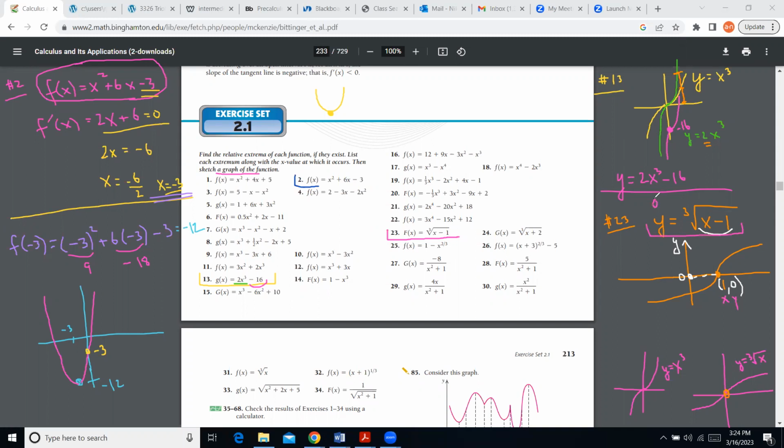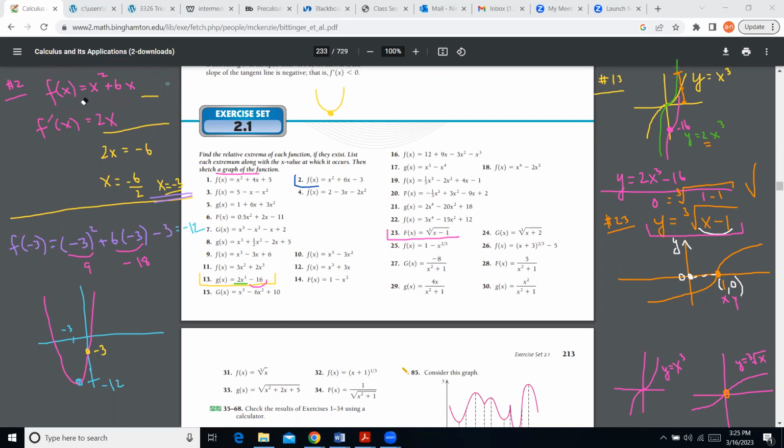So if you put 0 for y and 1 instead of x, then this has to work. If you check and see whether 0 is equal to the cube root of 1 minus 1, you will say, yes, it checks, because 1 minus 1 is 0, and the cube root of 0 is 0. So it does pass through that particular point.